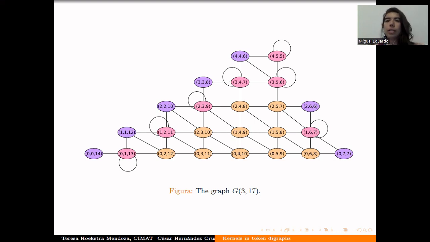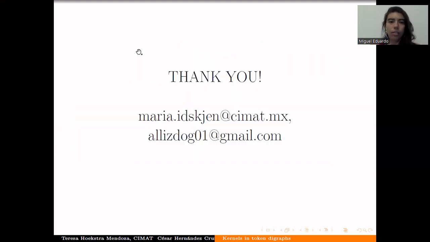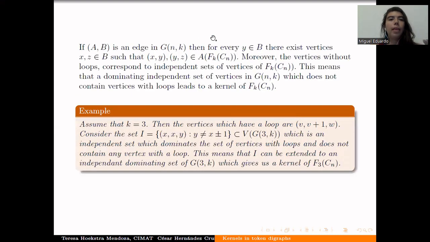Okay, so why is this graph important? As it turns out, the edges are in correspondence with the arrows of our token digraph. How? Let's assume AB is an edge in G_{n,k}.